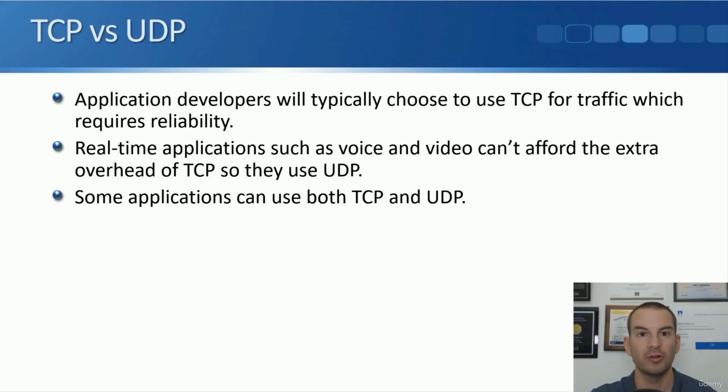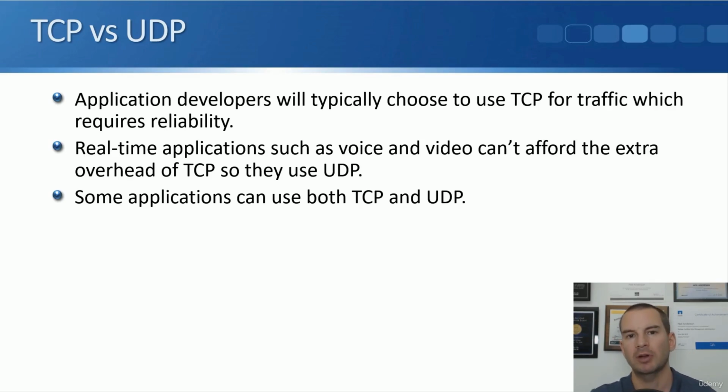You've probably watched TV before and seen a news report where the newscaster is reporting over a satellite phone, and you can see it's very laggy because satellites are famously high latency connections. So voice and video are very sensitive to latency. We don't want to use TCP for real-time traffic like that because the extra overhead is going to slow it down and it's going to affect the quality.